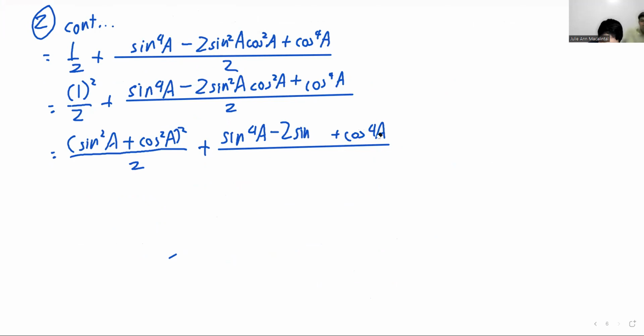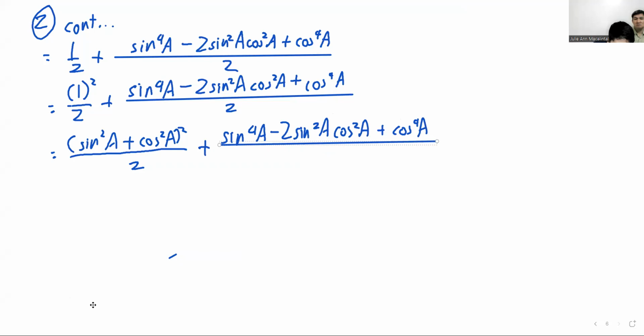I don't have enough space. It's getting rather long, but we just have to endure this. It's going to get rather short.